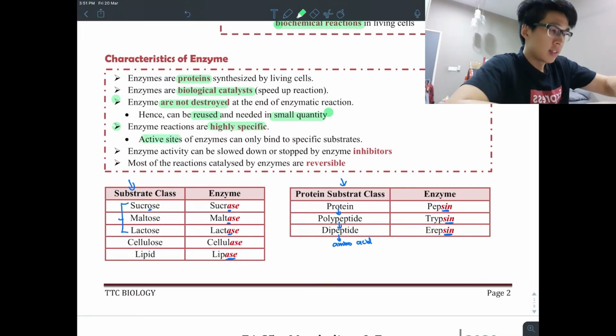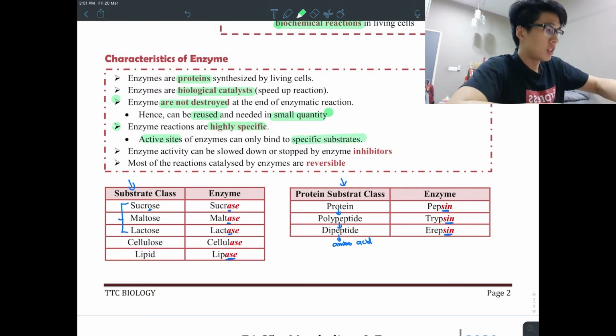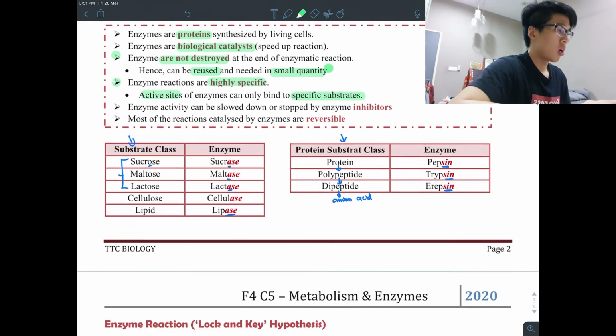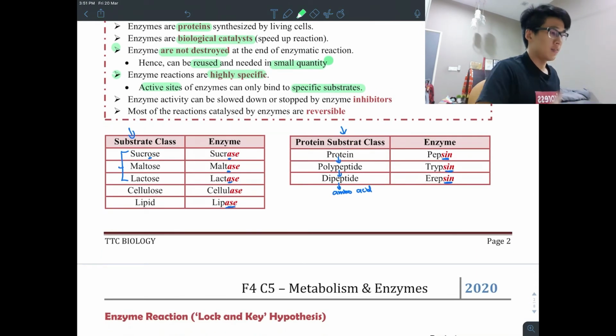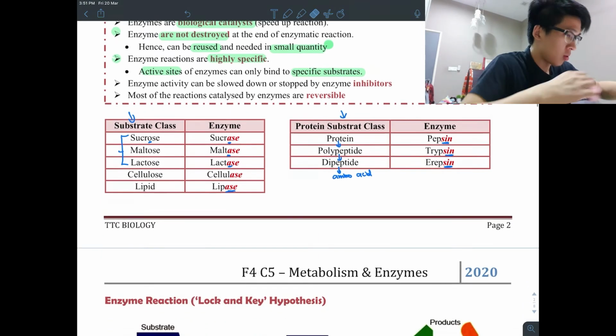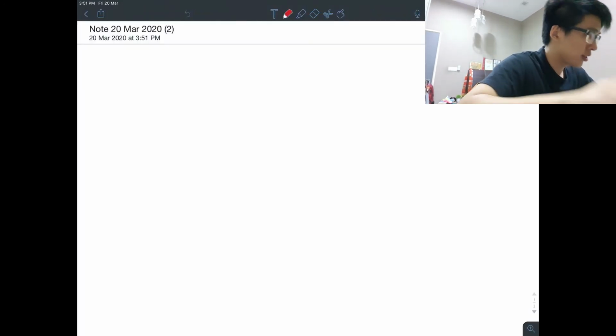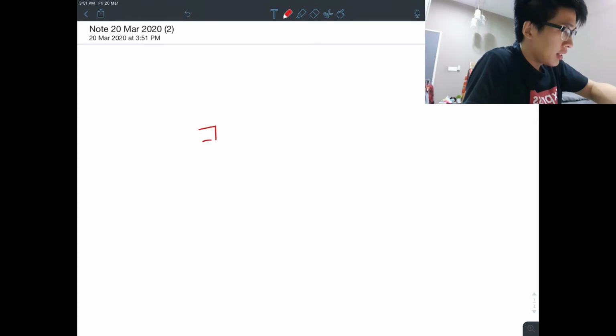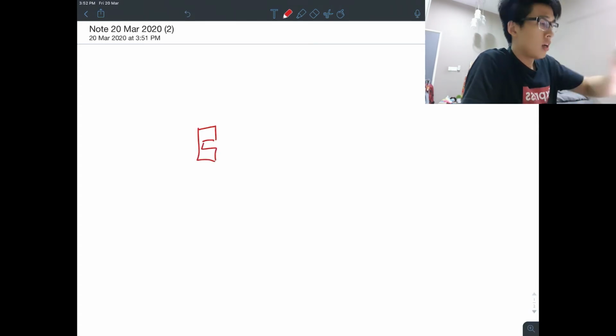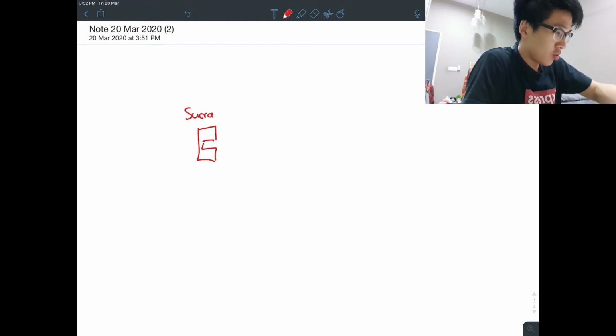The active site of an enzyme can only bind to specific substrates. So what does that mean? What is an active site? Look here, I'll show you real quick. Let's say this is an enzyme called sucrase, the one that digests sucrose.